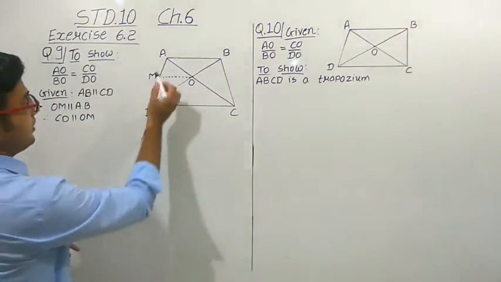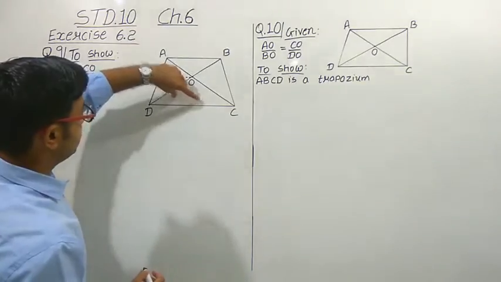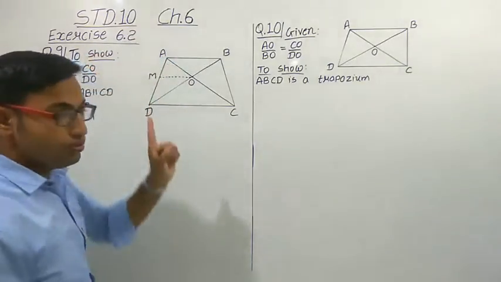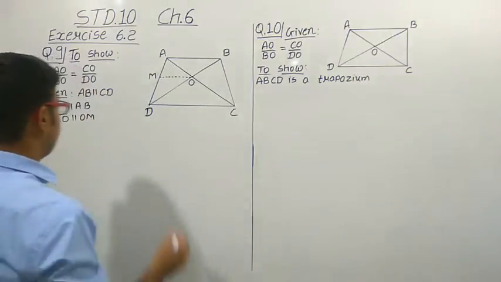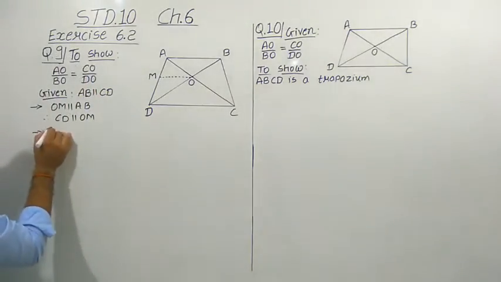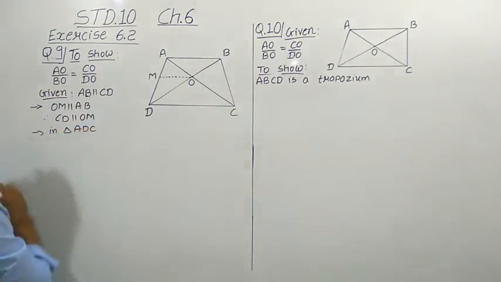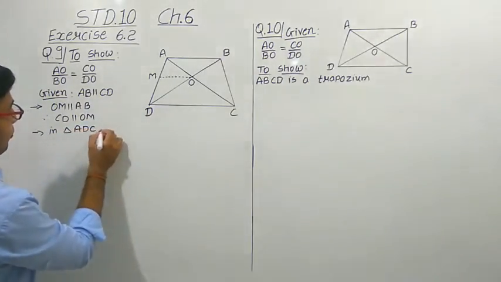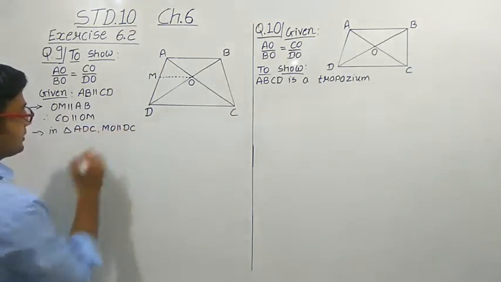Now if we consider triangle ADC, then in triangle ADC, MO is parallel to DC. That is what we require, and now we can apply theorem 6.1. So in triangle ADC, MO is parallel to DC.